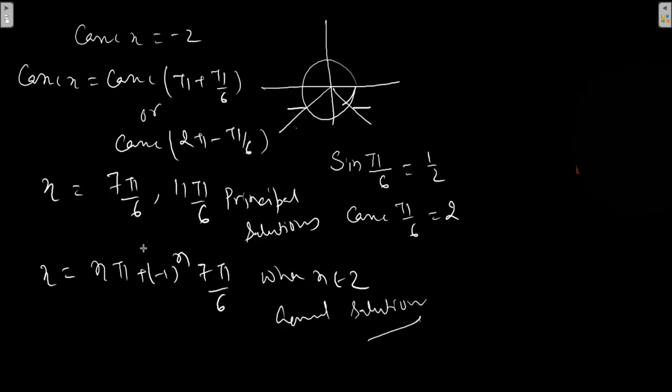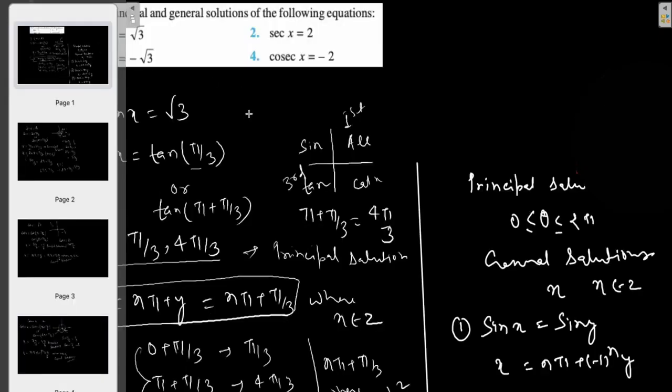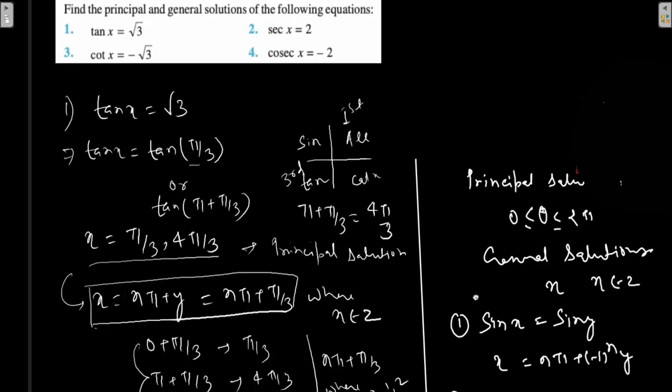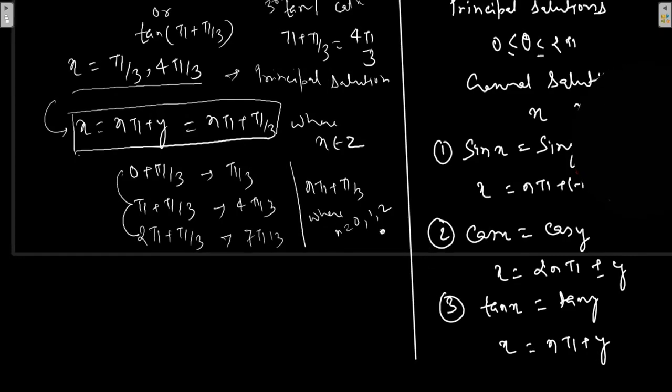Alright, so this is how we do it when you remember these three things: when sin x equals sin y, what is the general solution? When cos x equals cos y, what is the general solution? And when tan x equals tan y, what is the general solution? Then it is easier to do.